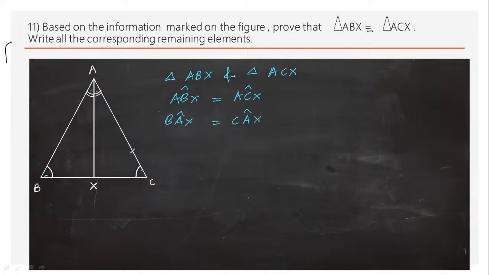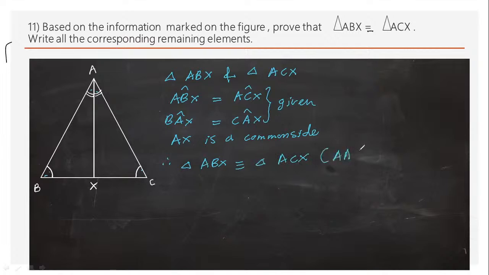Then AX is a common side. These are given information. Then we can write triangle ABX congruent to triangle ACX, situation angle side. The corresponding elements of congruent triangles are equal.